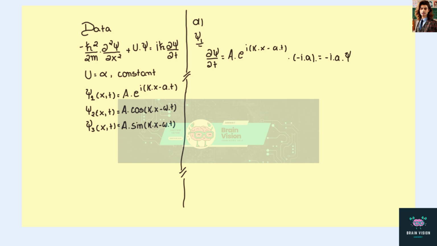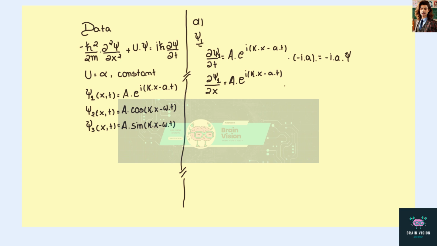Now, what is the derivative of psi 1 with respect to x? This is equal to a, again, times the exponential, because the derivative of the exponential is itself, times the derivative of the argument of the exponential with respect to x.